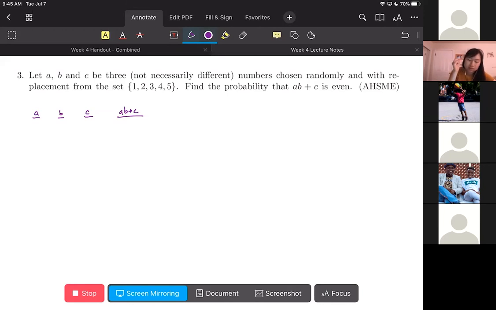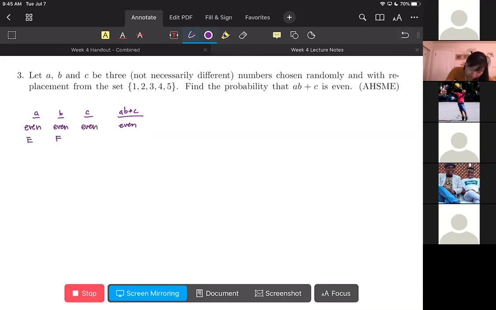Awesome. So we could see basically what you're saying by writing out a chart of what happens. If A is even, B is even, and C is even, then AB plus C is also even, right? I'm just going to use E and O for even and odd, so I don't have to write as much.